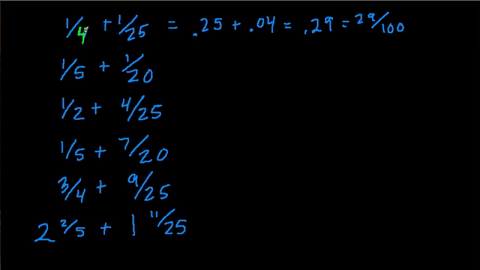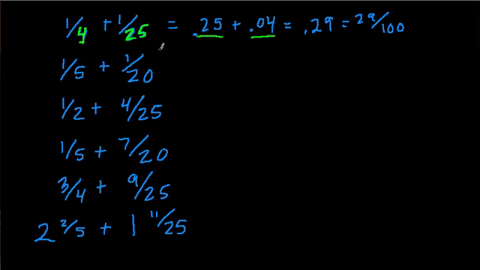And when we had 1/4, that gave us 25 cents, which is right here. So going from 1/4 to a decimal, we get this denominator, 25. But the reverse is true too, and isn't that cool? If you take 1/25th, what do you get? You get 4 cents. And that's that number right here. So 1/4 gave us 25, and 1/25th gave us 4. Isn't that fun? And this is going to keep happening.